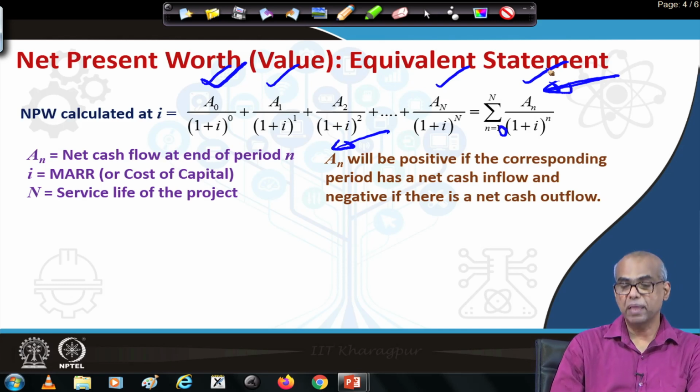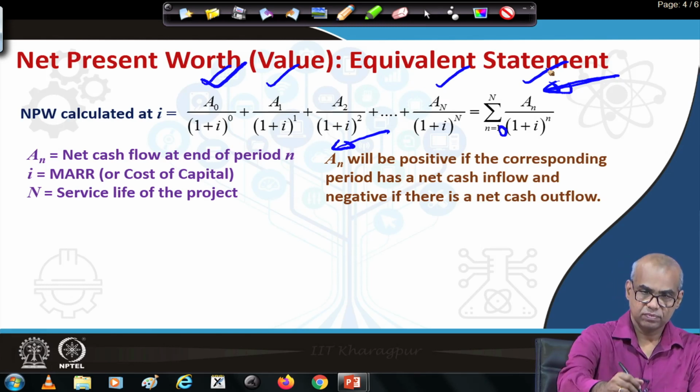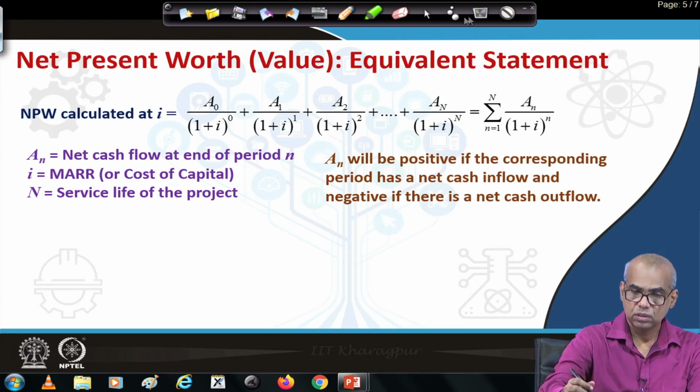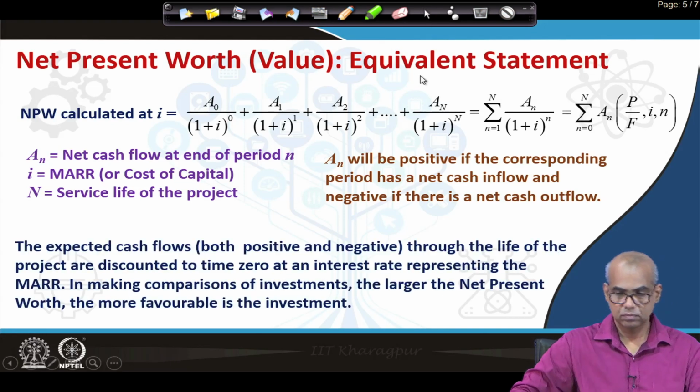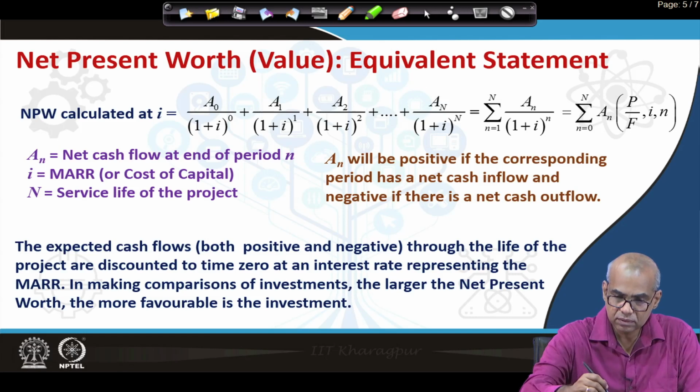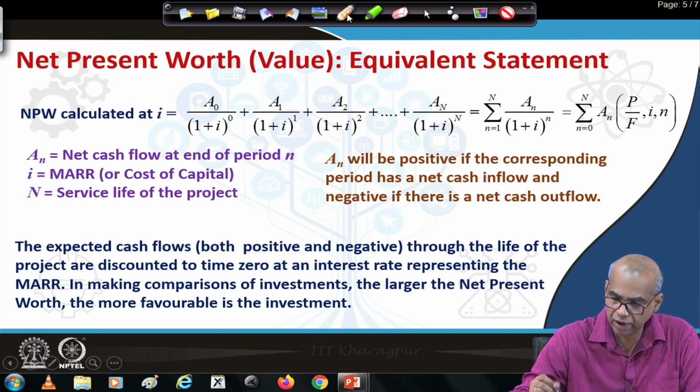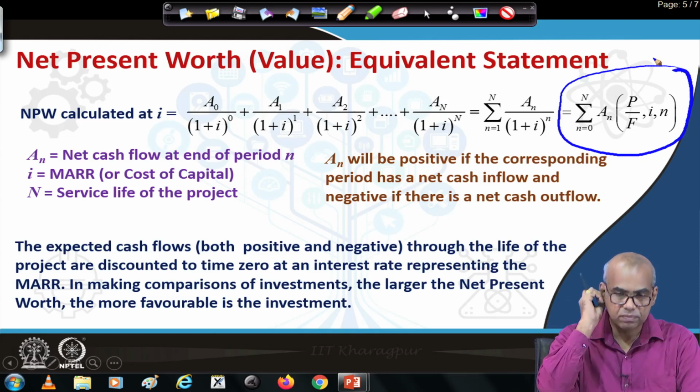That means, if that is an income, and negative if there is a net cash outflow. That means, that is a cost. So, if we consider that, then we can compactly write as this.